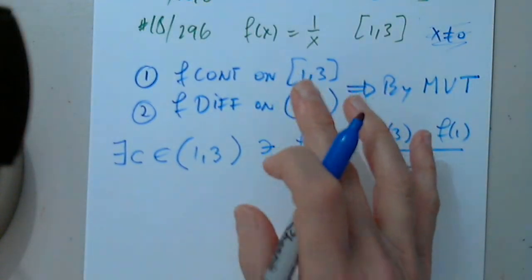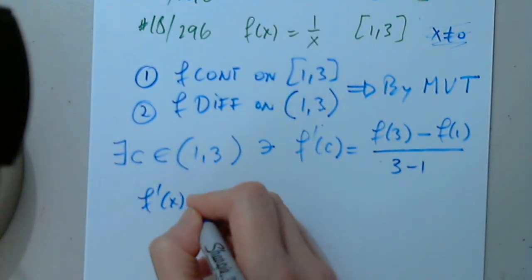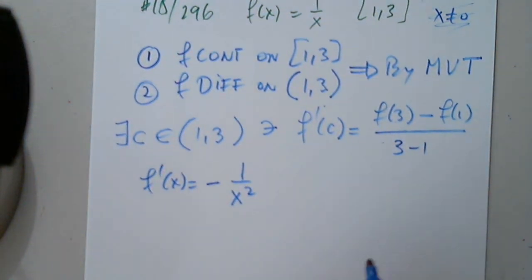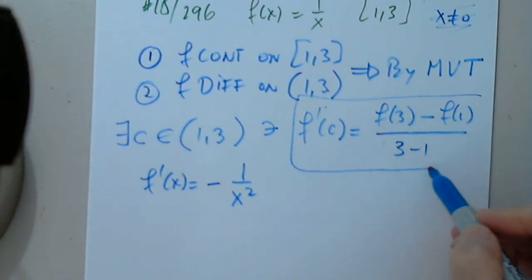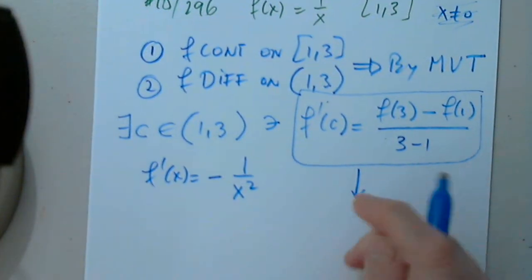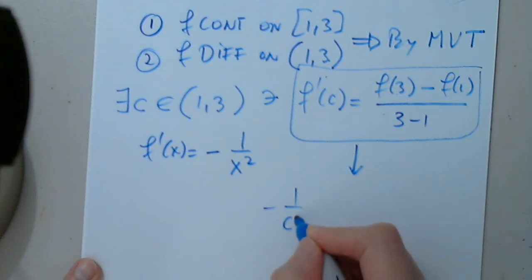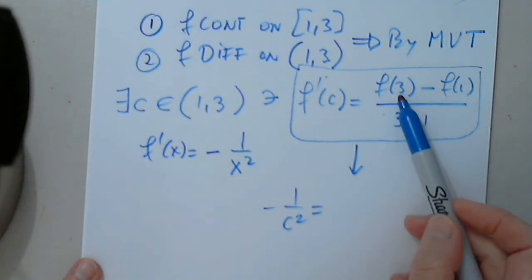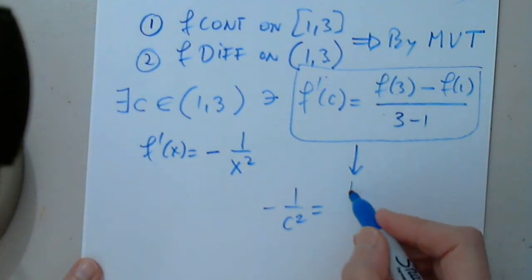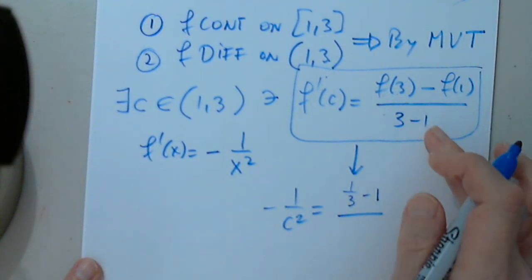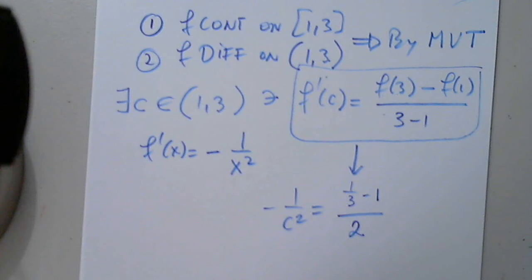I have to find f prime of x. So f prime of x, as we know, is negative 1 over x squared. Plugging in c, negative 1 over c squared equals f of 3, which is 1/3, minus f of 1, which is 1, over 3 minus 1, which is 2.